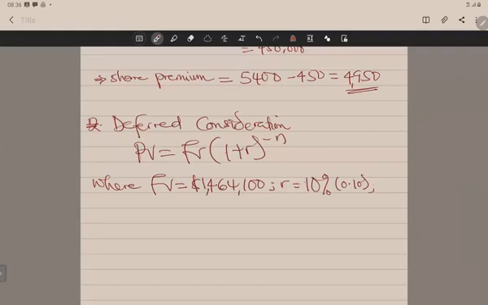FV is this, R is this. 1 is constant. Then what is our N? Our N is from 1 July 2003 to 1 July 2007.